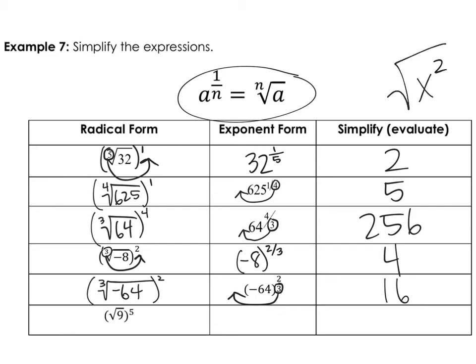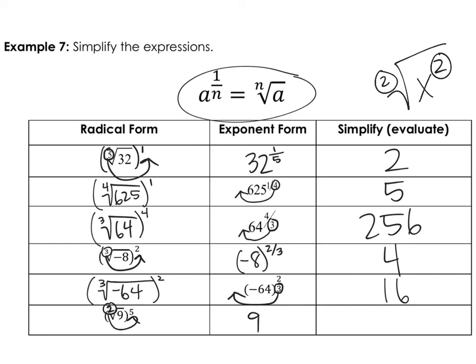So if you think about it, we're undoing this exponent of 2 with a square root, which means something times itself, so 2 times. So really, we don't write it, but that has a tiny 2 on the radical. So I'm going to put that over here on this square root of 9. So the number 2 is what was hiding, and that's what's going to move over to become our exponent.